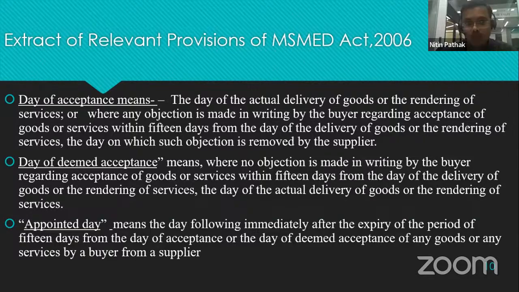It is the day of actual delivery of the goods or rendering of the service, or where any objection is made in writing by the buyer within 15 days from the date of delivery of the goods or services, the day on which such objection is removed is the date of acceptance. If no objection is made within the 15 days, it will be considered deemed acceptance, the day of deemed acceptance. Deemed acceptance means where no objection is made in writing regarding acceptance of the goods or services within 15 days of the day of delivery of the goods.